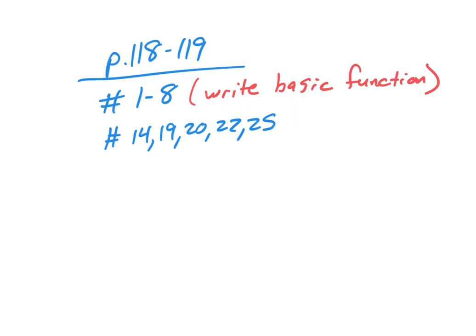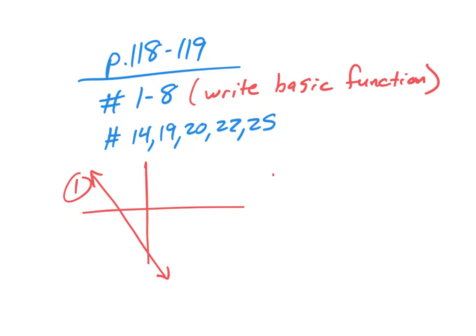So if I look at number 1, for instance, it kind of looks like this. I'm not getting real specific with the graph, but it kind of looks like this. What kind of function do we have here? Linear, right?